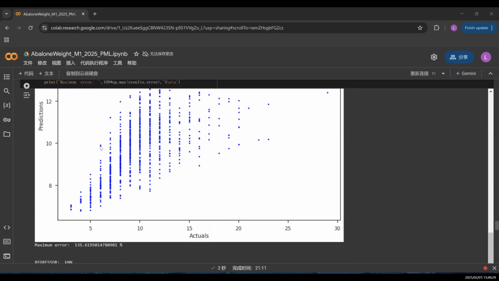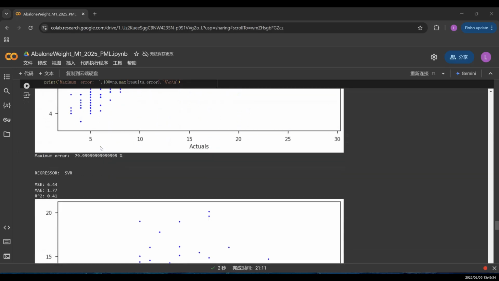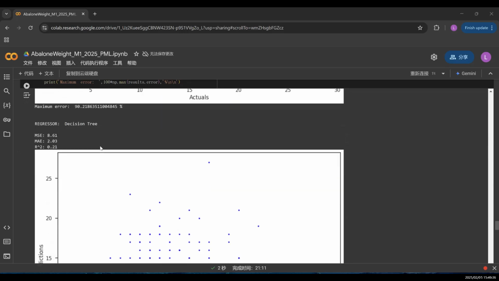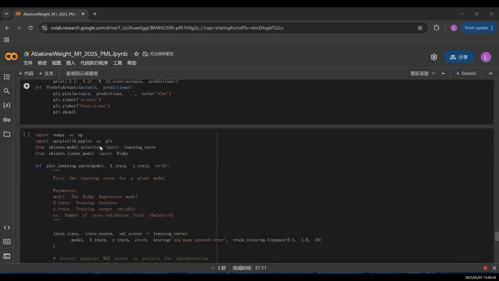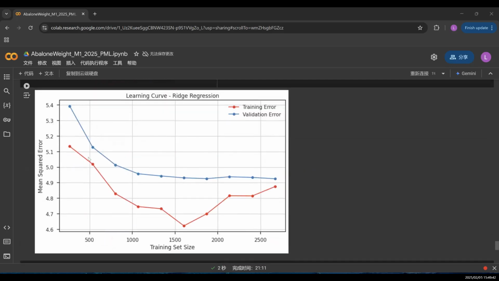So after selecting the best performing model, we can generate a learning curve. And here's the learning curve of the ridge regression. By analyzing this learning curve, we can say that the red line, which is the training error, starts relatively high and decreases as the training set increases.